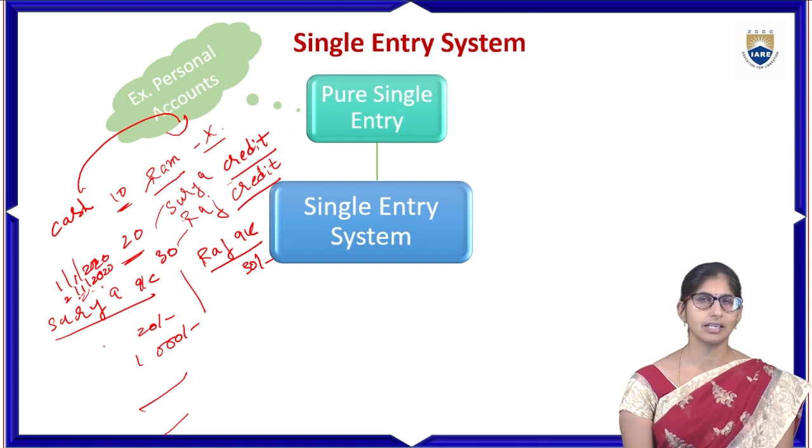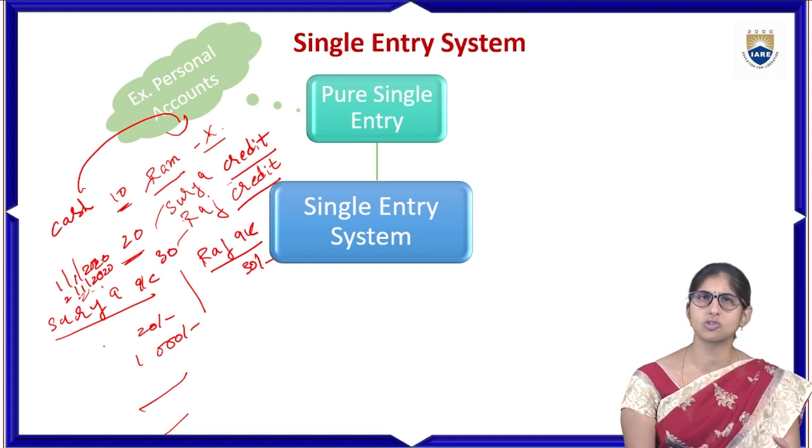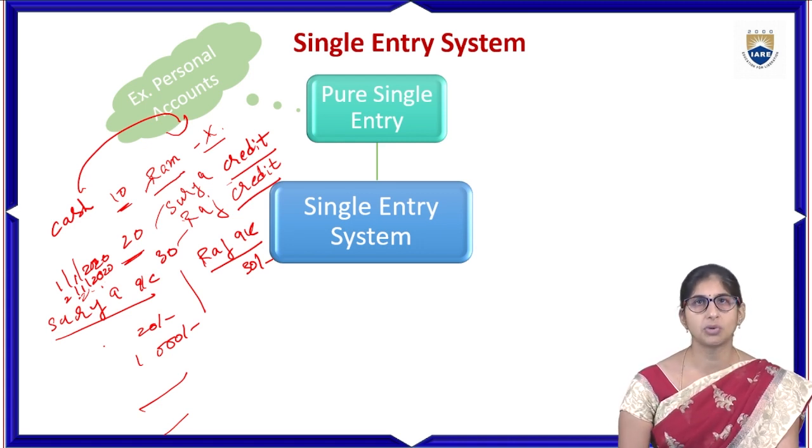So that's the reason they used to maintain it like this in olden days, but even now very small petty kirana shops, petty dabba wala, pan wala, chai wala, pani puri wala, all these people maintain this single entry system even today.